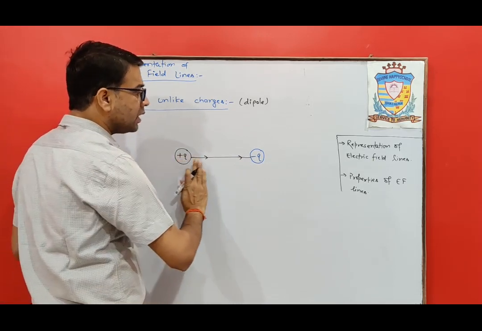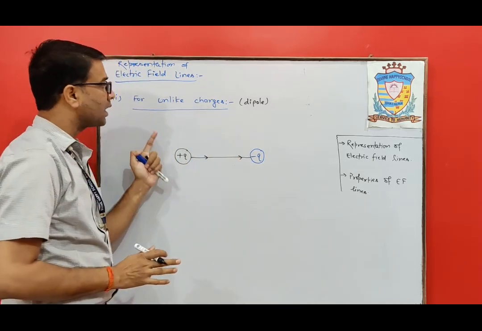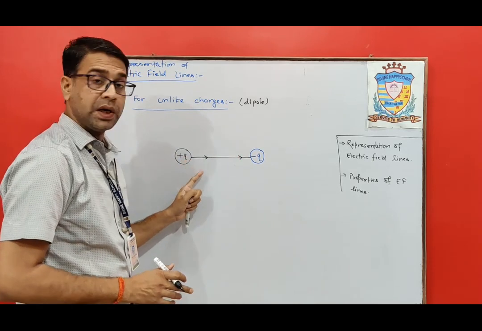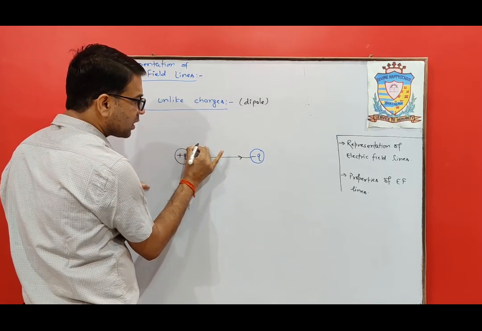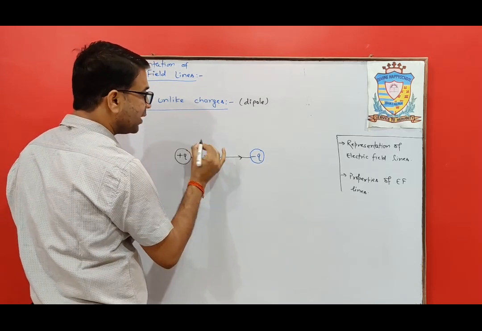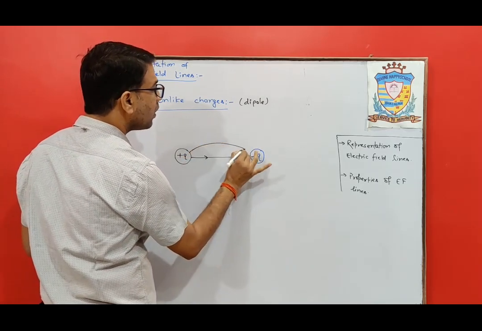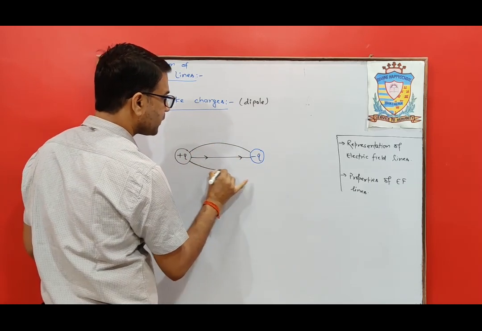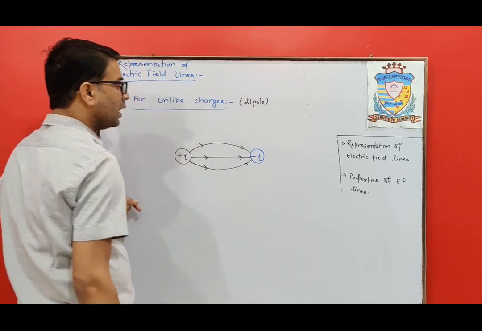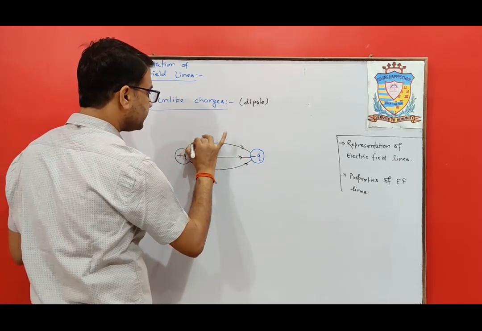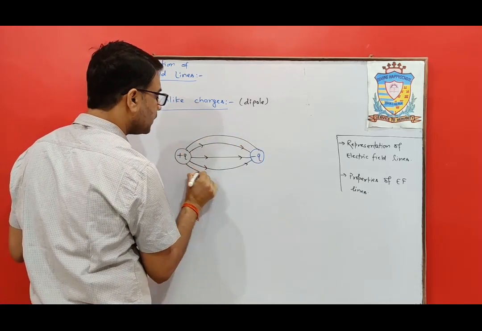So this is the straight path. Our electric field lines may be straight or may be curved. If we place a positive charge over here, then what will be the direction? Like this, and this will be the direction of movement. Clear?